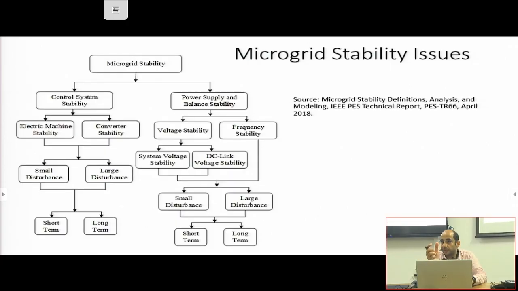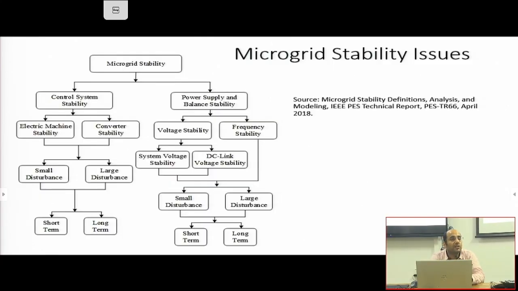That is short-term stability. Long-term stability means while your controls are active, if there is a stability issue, they are called long-term stability issues. So the right-hand side part is the power balance issues. Okay. The left-hand side is basically the control system stability issue. That is one important thing that comes when you talk about microgrid stability.